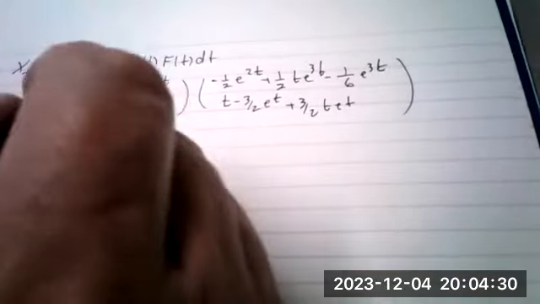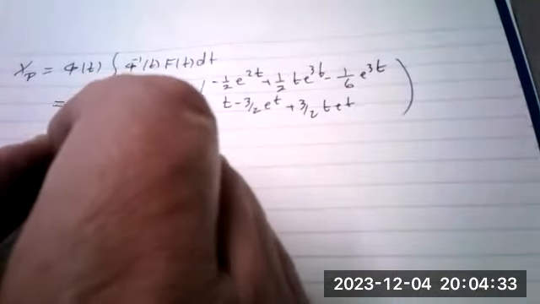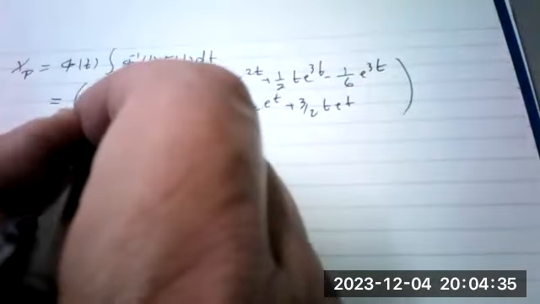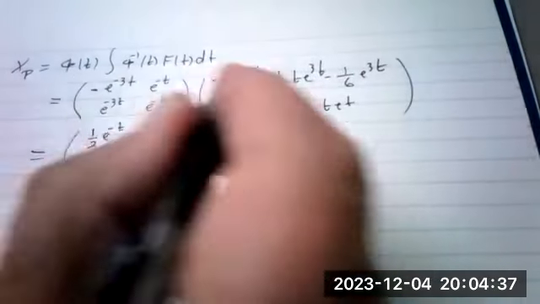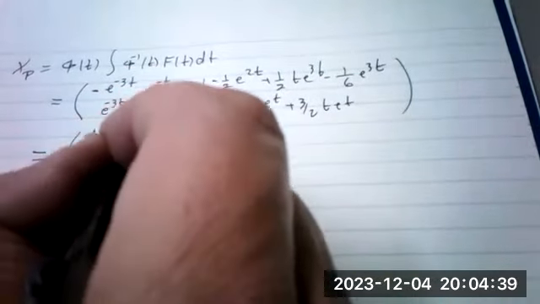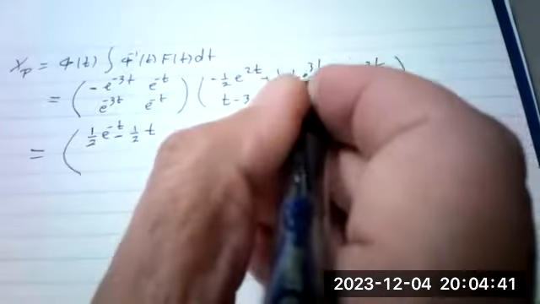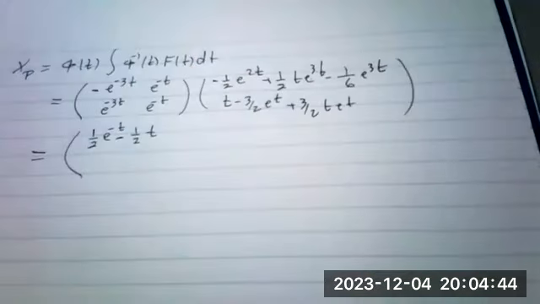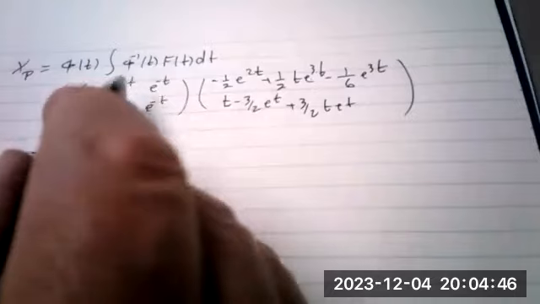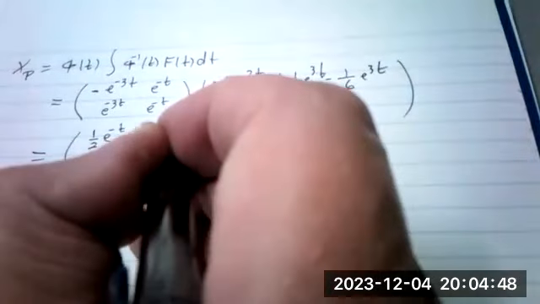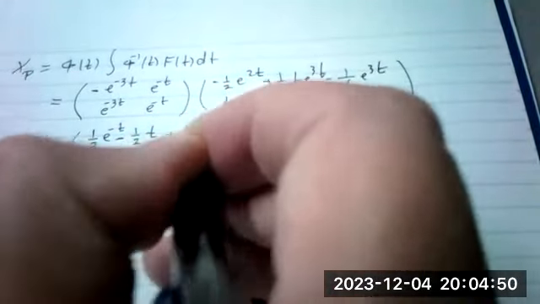So there you are. In negative would be positive. That give you 1/2 e to the 2t negative t here. Second one, minus 1/2 t e to the negative 3, e to the negative 3 and the positive 3 will cancel out. So the next one is going to be plus 1/6.